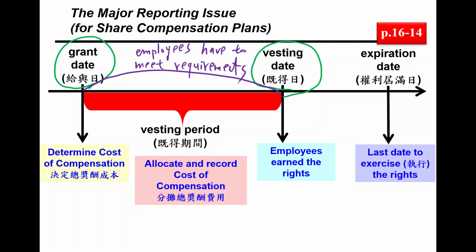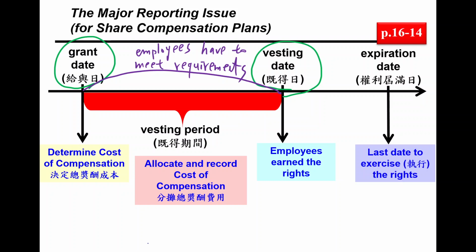Okay, after employees meet the requirements during this period, then they really earn the right. So this is the date employees earn the right. They can decide how to use the right. Okay, so before the vesting date, they didn't really earn the right, so they cannot do whatever they want, even though your company offered the right.